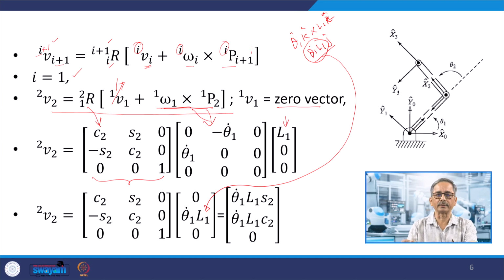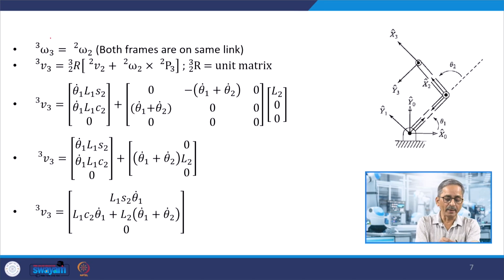So, either I do it this way, but if you are using any program, you are not doing it manually. If you are using, say, MATLAB or Python or any software, then naturally you have to write it in the skew symmetric matrix format and then we can evaluate this one. Okay. So, this is how V22 will get this value. Then omega 3 and omega 2 are both going to be the same because, as I said, frame 3 and frame 2 are both attached to the same rigid link, that is, the second link.